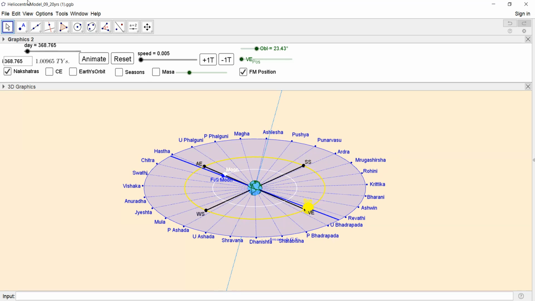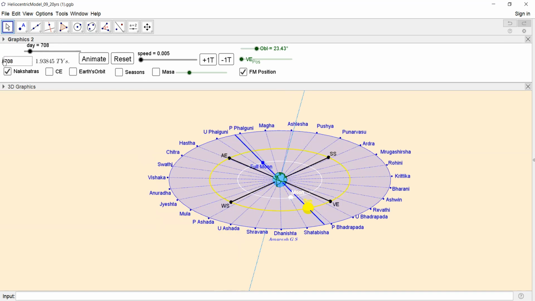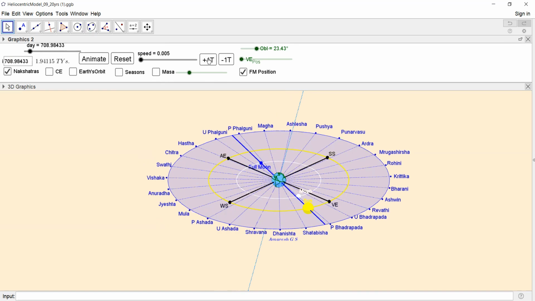I'm going to fast forward to the end of the second lunar year. That's 354 days times 2, 708 days. Notice I need to make a small correction. I'm going to go one extra day, and now my moon is in alignment with the earth and the sun, and it's the day of Amavasya.